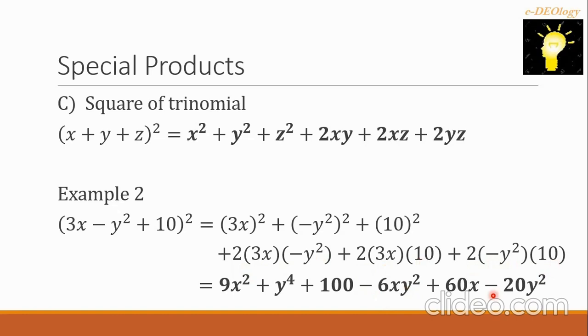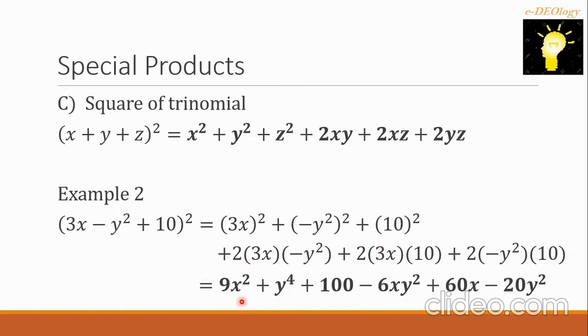So the answer is negative 20y squared. So we have now the 6 terms as our final answer. So this is 9x squared plus y raised to 4 plus 100 minus 6xy squared plus 60x minus 20y squared.